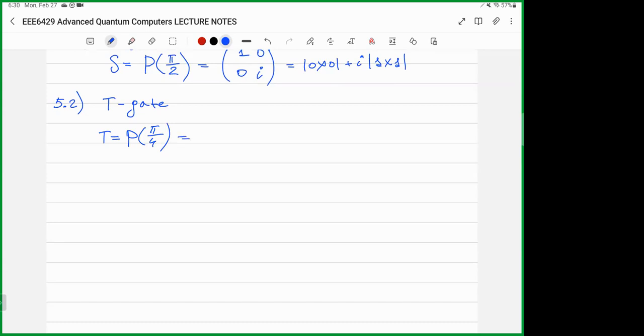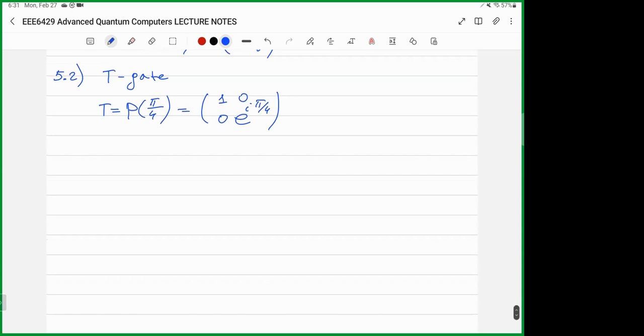So rotation by pi over 4. And it's equal to what? It's equal to this matrix 1, 0, 0, e to the power of i pi over 4 here. Again, this is just rotation over axis z by pi over 4.